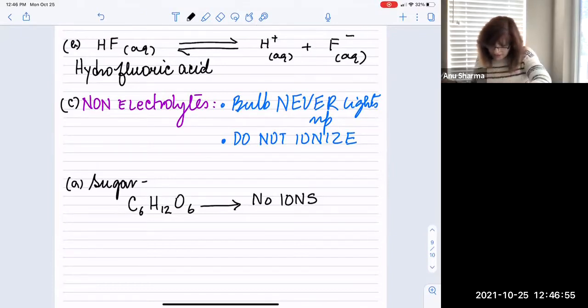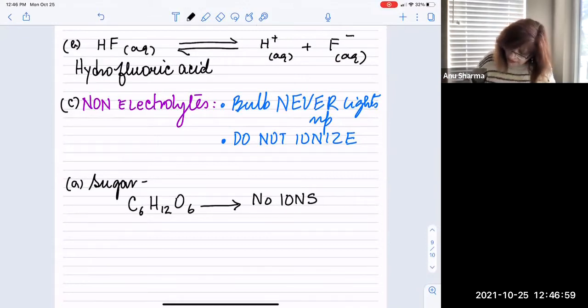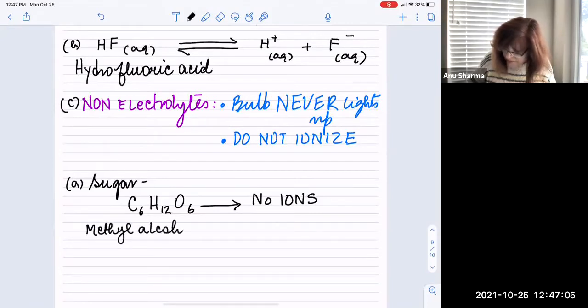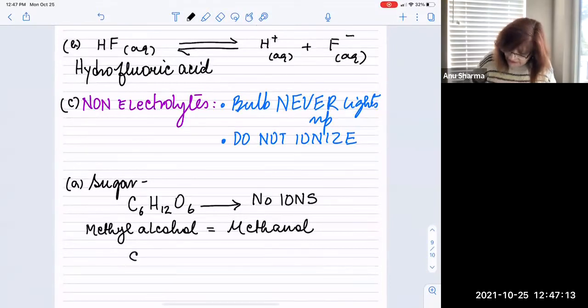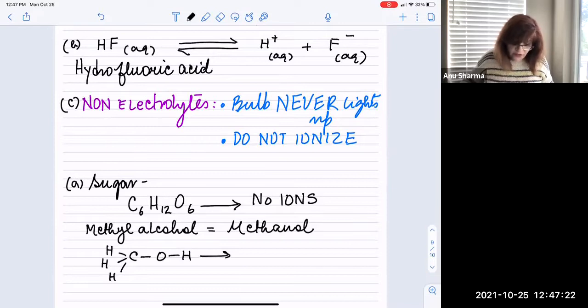So that's the thing. Or methanol, or methyl alcohol. This is also called methanol, okay? And so this is CH3, and here you have OH. So again, no ions.